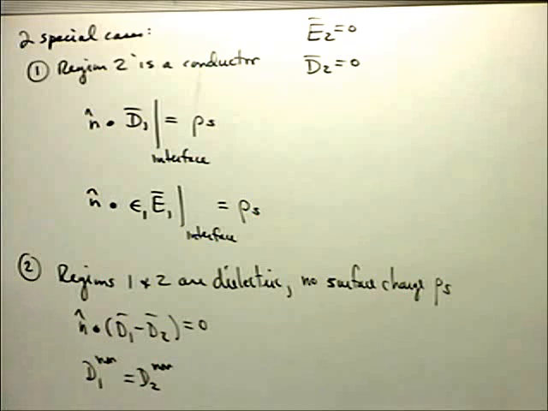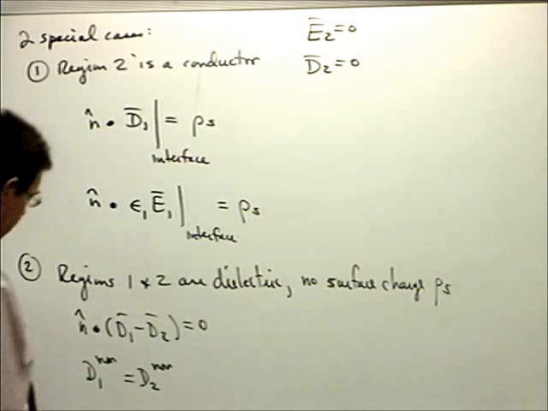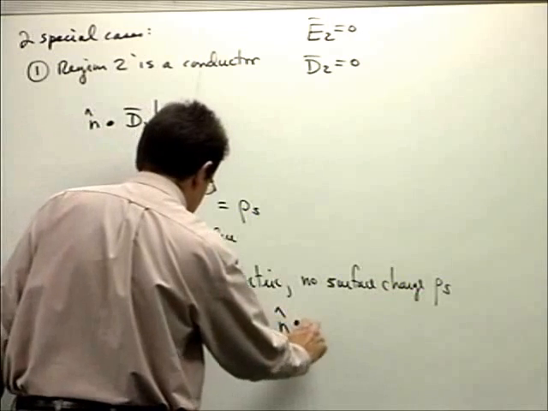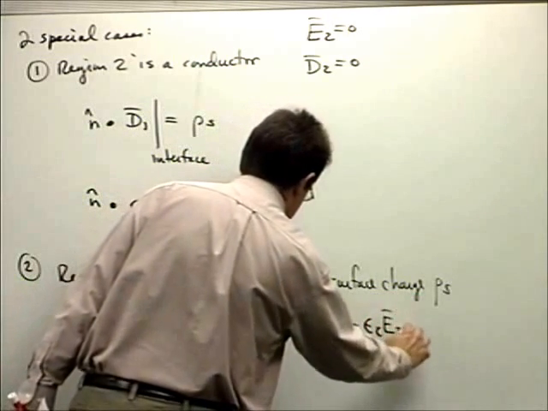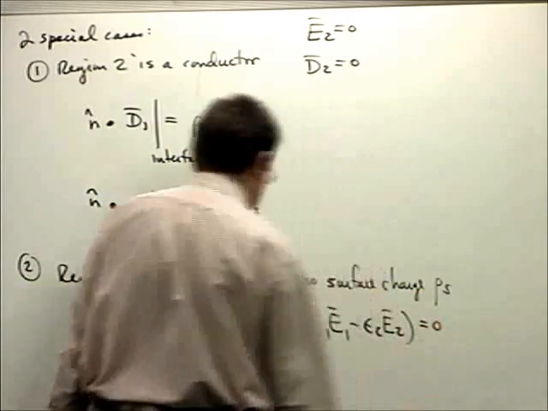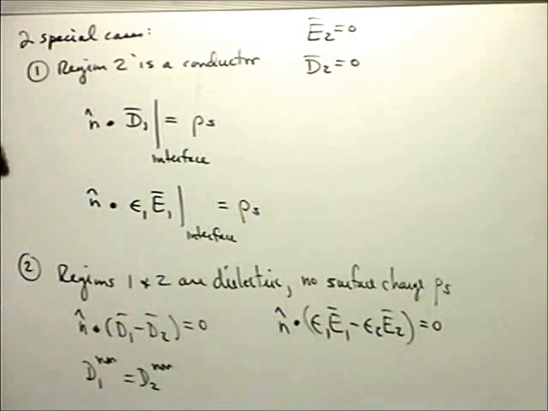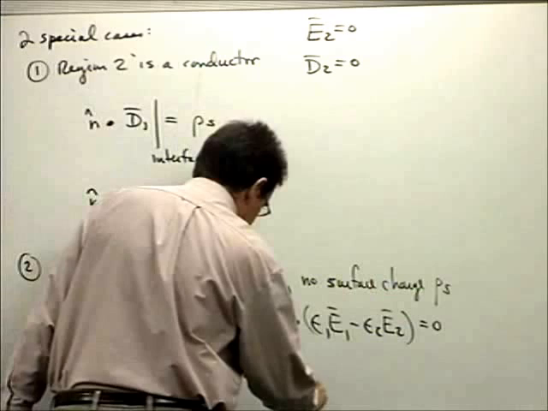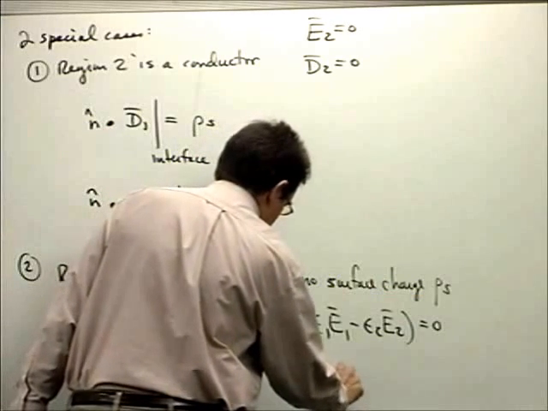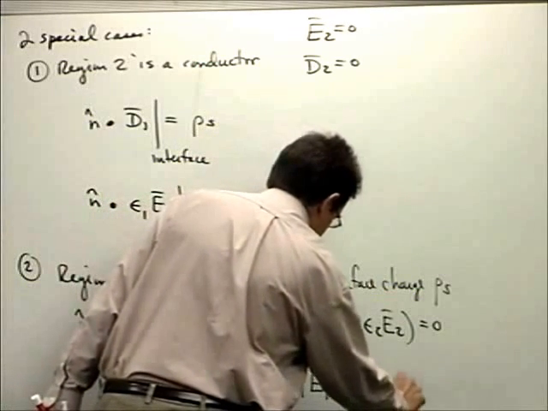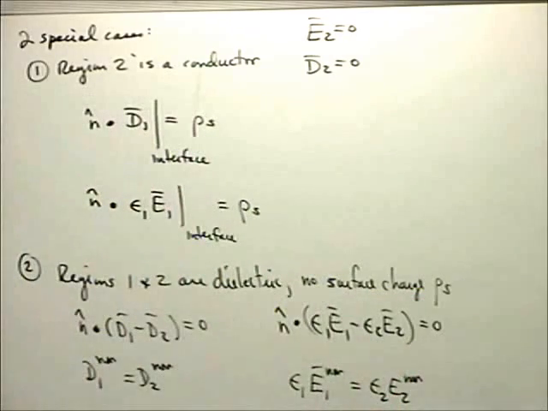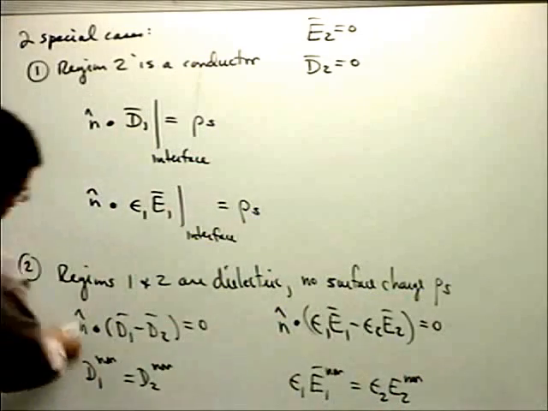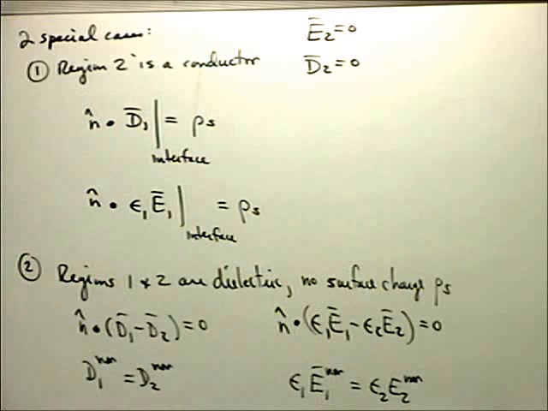Or we could substitute epsilon E in for D and write it as n dot (epsilon 1 E1 minus epsilon 2 E2) equals 0 on the interface, or epsilon 1 E1 normal equals epsilon 2 E2 normal on the interface. So all of these conditions apply just on the actual interface between the two regions.